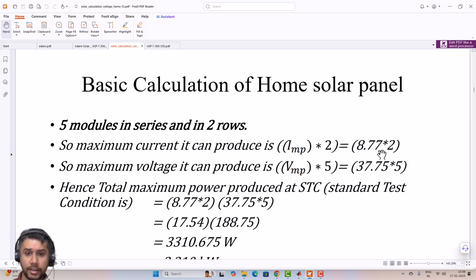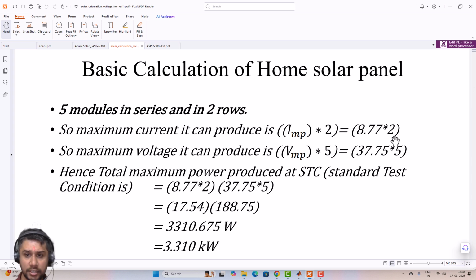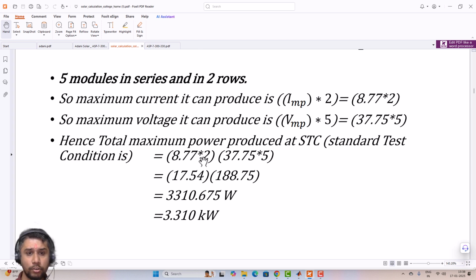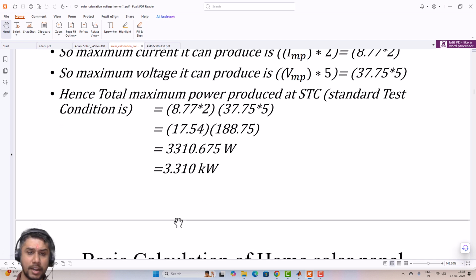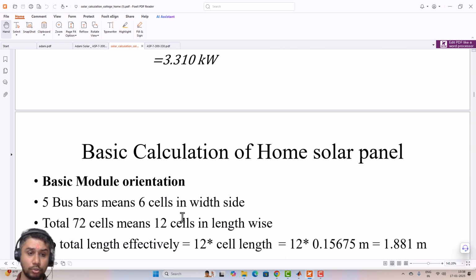And VMPP in series, voltage increases. So 37.75 into 5 times the value of voltage. So this is the value of current and this is the value of voltage. 17.54 is the value of current and 188.75 is the value of voltage. Combined it is giving us 3.310 kilowatts. So 3.3 kilowatt power plant capacity is assured.